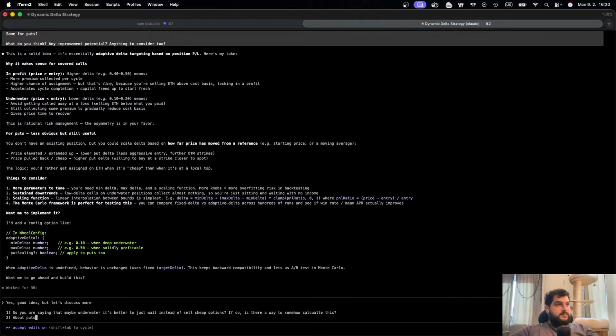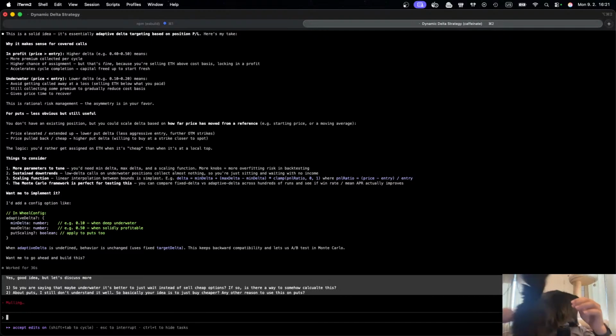About puts, I still don't understand it well. So basically, your idea is to just buy cheaper. Any other reason to use this on puts?